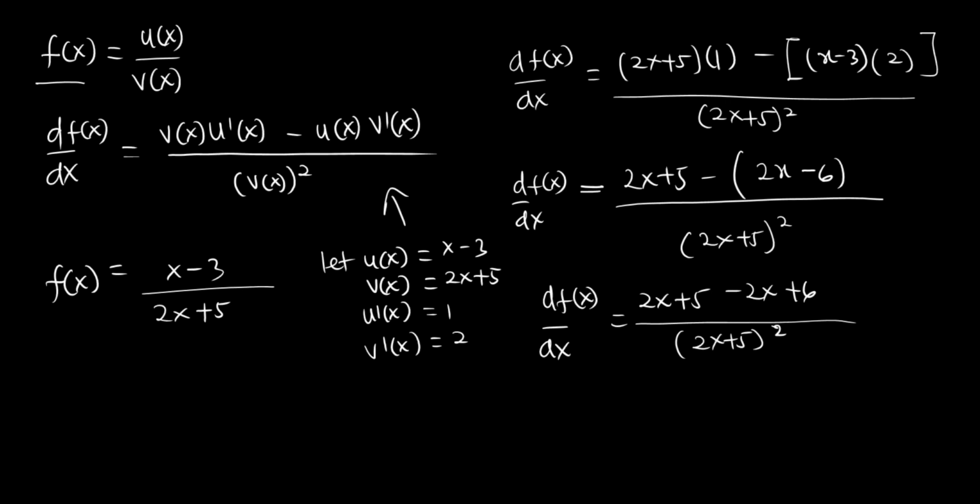So when you look at what you have on top here, you see that you have minus 2x and then you have plus 2x, so they can cancel out. Then you're going to have 5 plus 6, which will give us 11. So you're going to have df dx equal to 11 over 2x plus 5 squared. So this will be our answer after differentiating the function that was given.